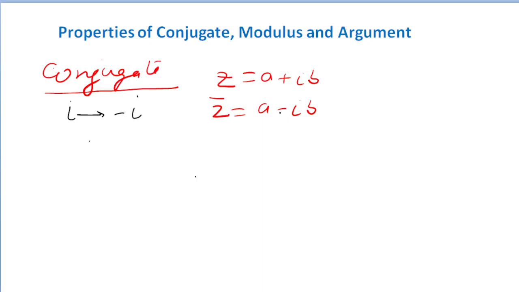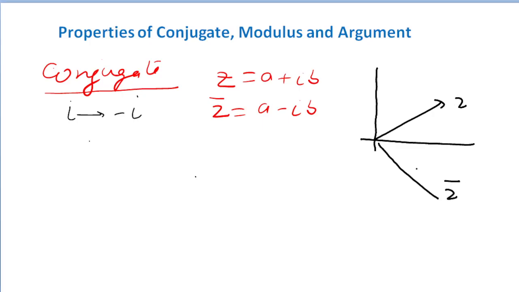Geometrically, let's say somewhere here is z. Let's say the argument of z is r and theta, so the corresponding z bar, or the conjugate, has the argument minus theta, and the modulus remains the same.